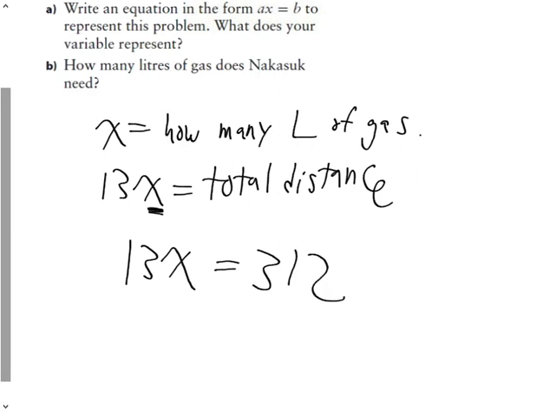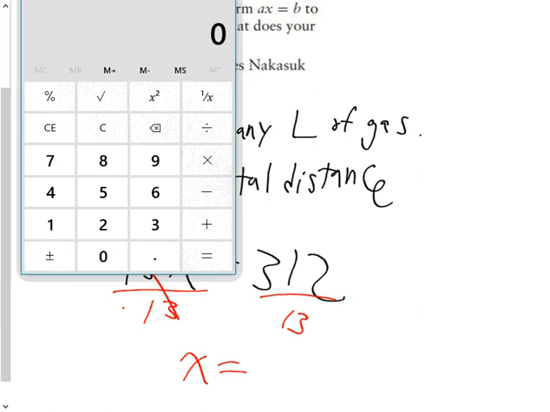Now I've created my equation. How many liters of gas, each one of those goes 13, has to be equal to the 312 kilometers in total I need to travel. So, solve it by dividing both sides by 13. And that will tell me the number of liters of gas I need. 312 divided by, each liter is 13 kilometers.